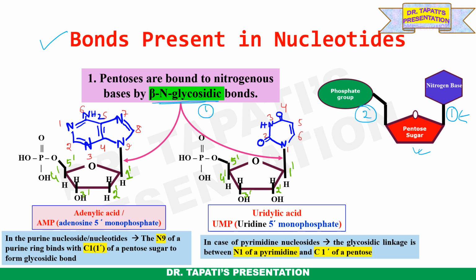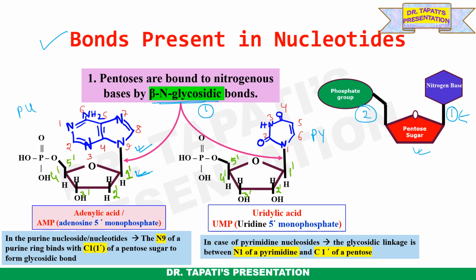I have given two examples here, one with a purine nucleotide and another with a pyrimidine nucleotide. In the case of a purine nucleoside or nucleotide, the N9 of the purine ring binds with the 1 prime or C1 of ribose sugar or deoxyribose sugar to form the glycosidic bond.